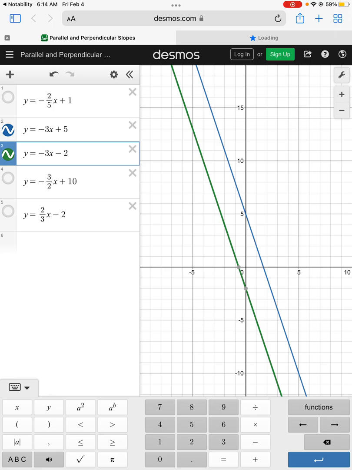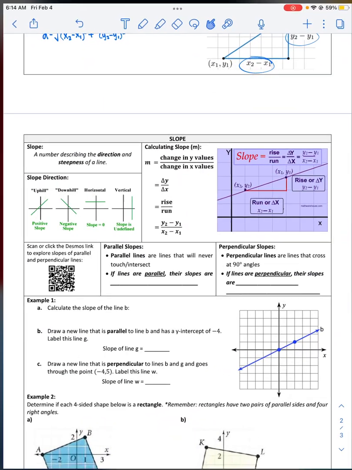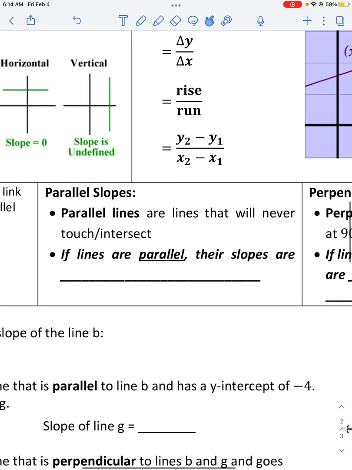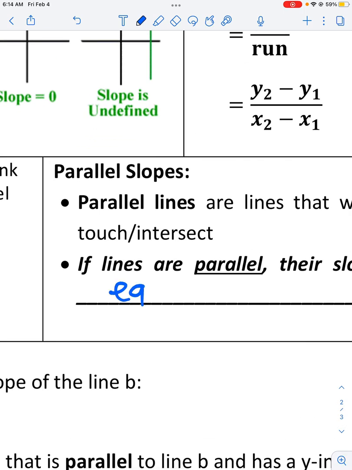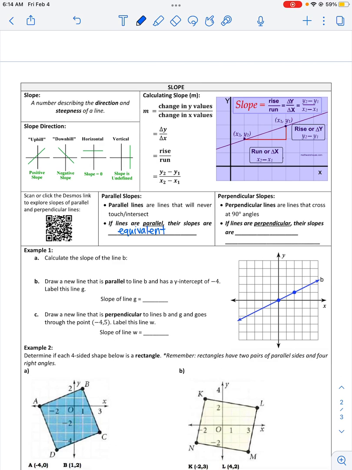So we can see here that when lines are parallel, they are moving or increasing at the same steepness, the same slope. They have the same rise over run. So if lines are parallel, their slopes are equivalent. Okay, they have the same slopes. They would have different y-intercepts or be in different spots on the graph, but their slopes are the same.